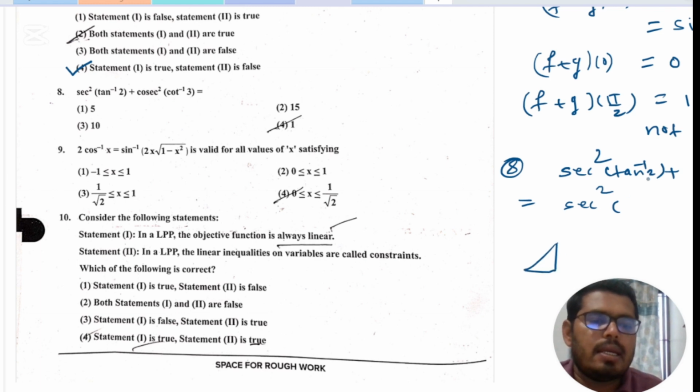Okay, tan inverse is there. How to define the tan here? If you suppose the angle is theta, then tan is defined as opposite by adjacent. Opposite is 2, adjacent is 1. Therefore hypotenuse is 1 square plus 2 square, which is 1 plus 4 is 5. Then square root of 5 is the hypotenuse.